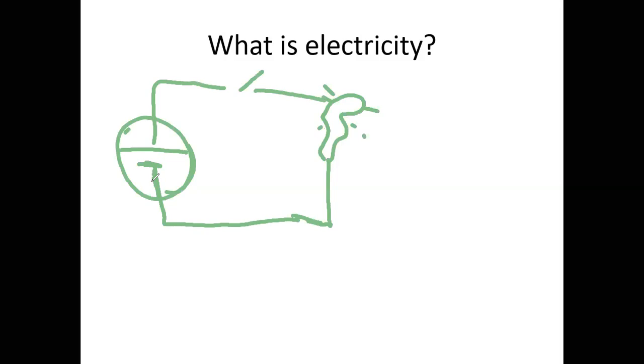Here is the wire that allows electrons to move through, and this is the light bulb, and this is the switch. When you are switching off, you are opening the circuit. Switching on the switch means you are allowing electricity to move through the circuit.